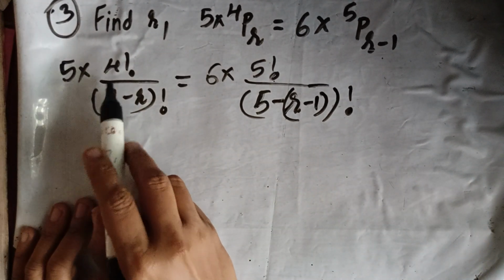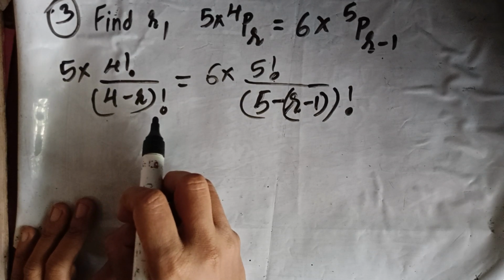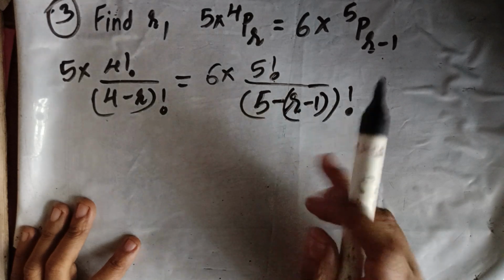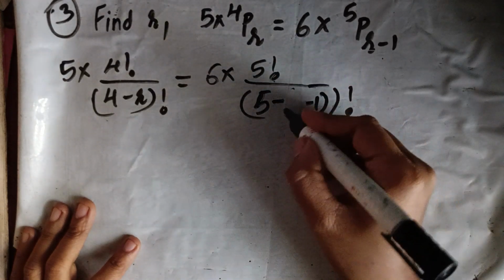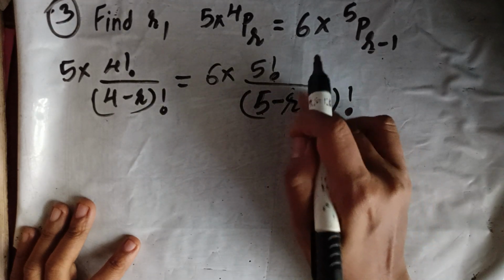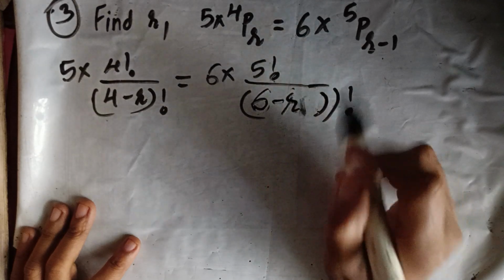So this is 4 minus r factorial. And here 5 minus r plus 1, so 5 plus 1 is 6, so it will be 6 minus r factorial.